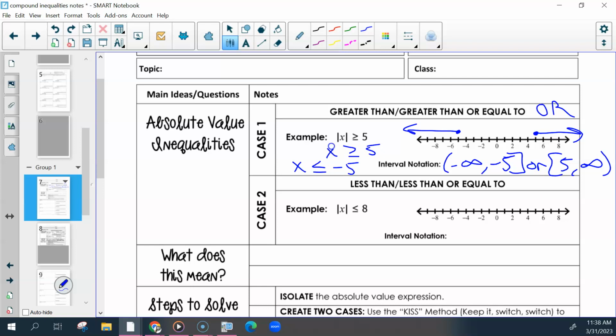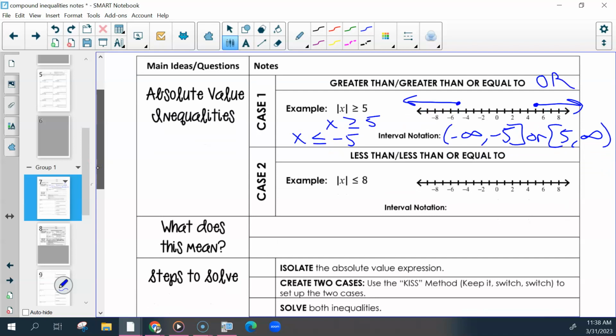And then the other case would be the opposite. So the positive version would be x is less than or equal to 8. I'm going to draw in all of these, but you can probably assume that this is going to be an and.